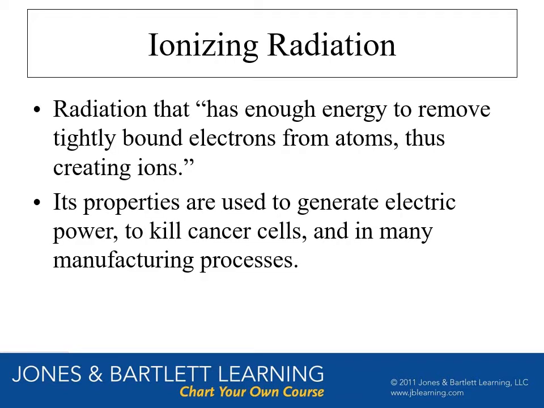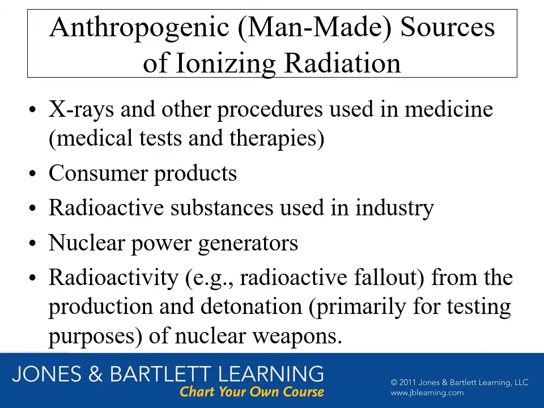Ionizing radiation has energy to remove electrons from atoms, creating ions. This property allows it to be used to generate power, in therapeutic processes like killing cancer cells, and also in many manufacturing processes.